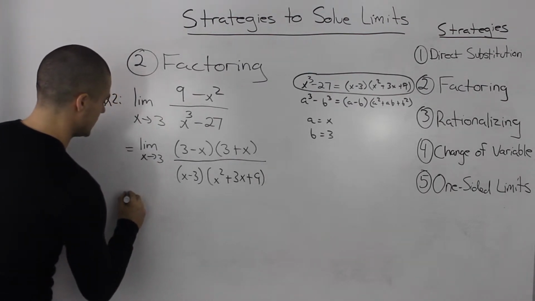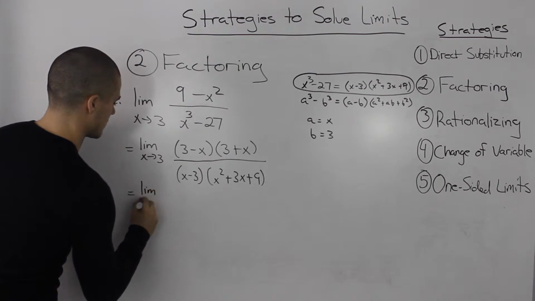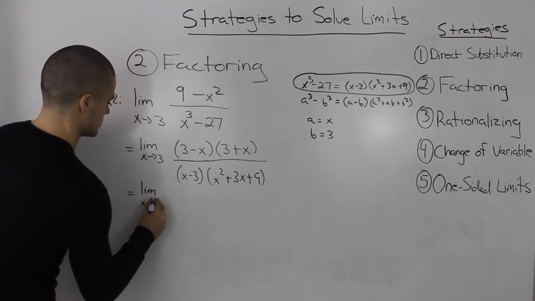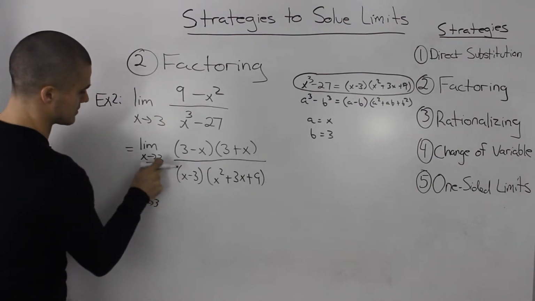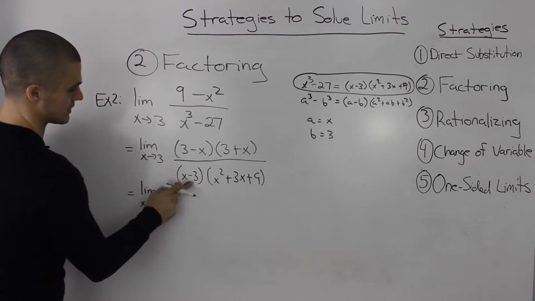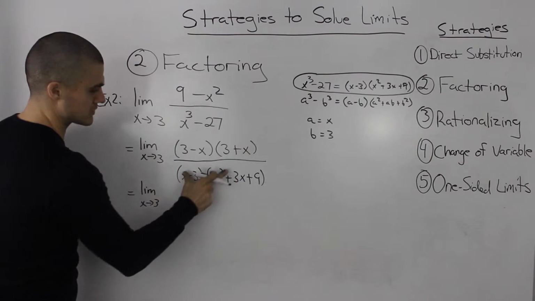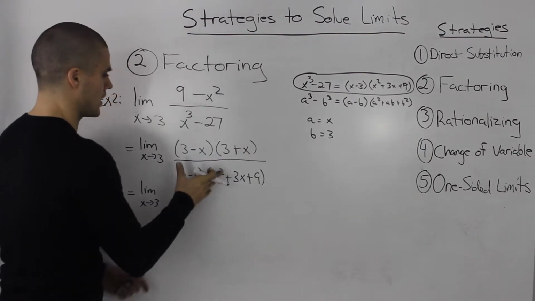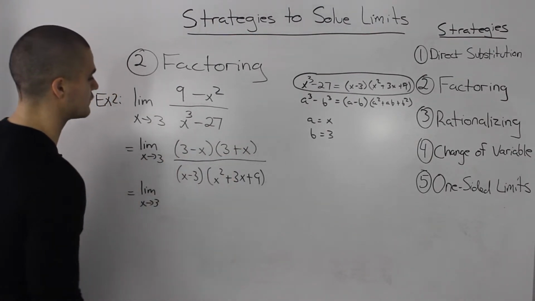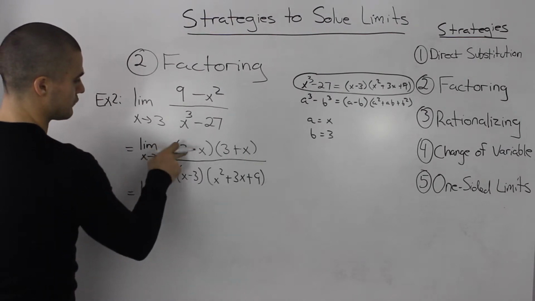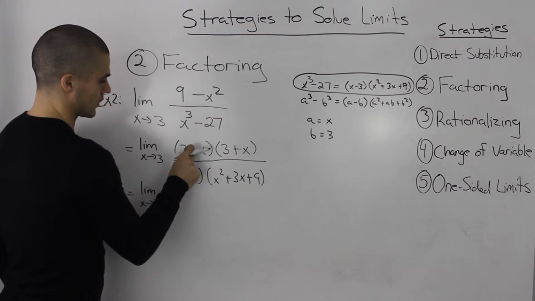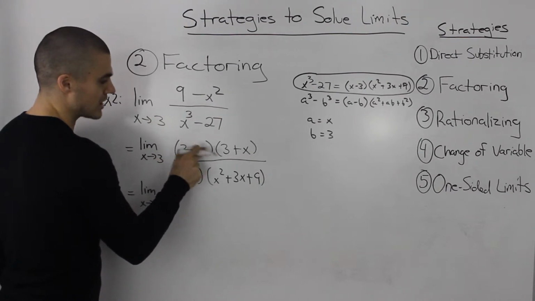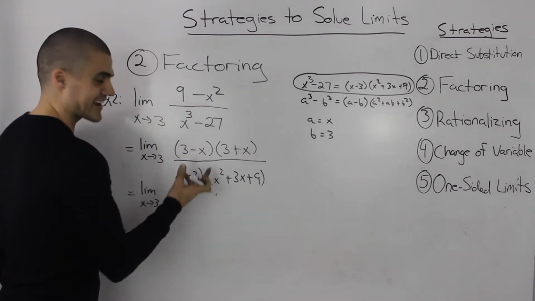Now what we can do is factor out a negative from this first bracket. Notice how we still can't plug in 3 because of this x minus 3 here. It will make the denominator 0, so the expression will be undefined. But if we factor out a negative from this first bracket in the numerator, we'll end up having negative 3 plus x, which is the same as x minus 3.